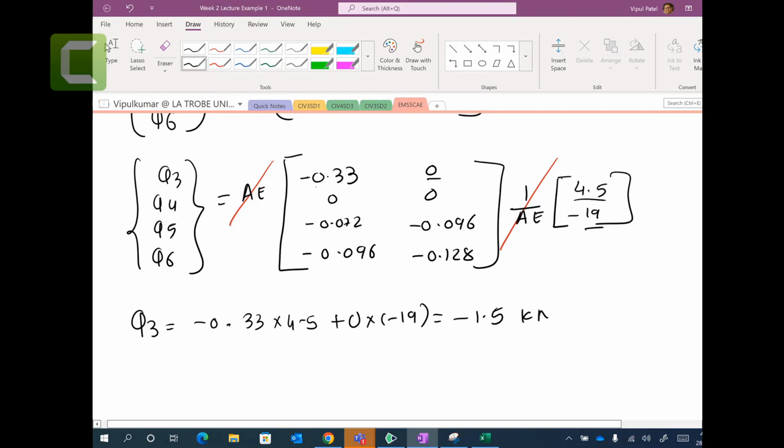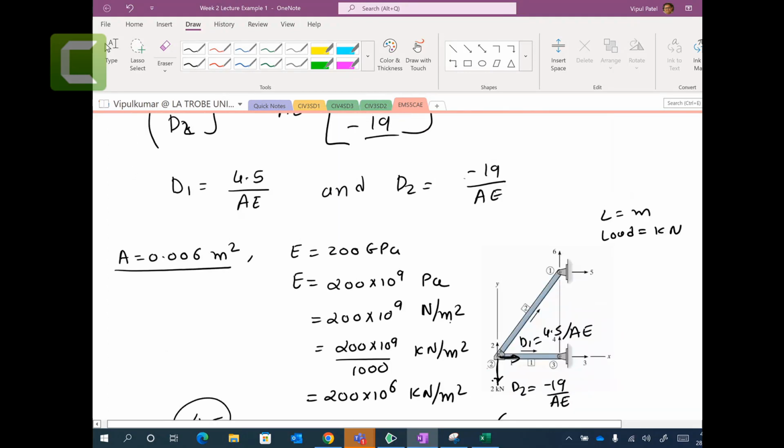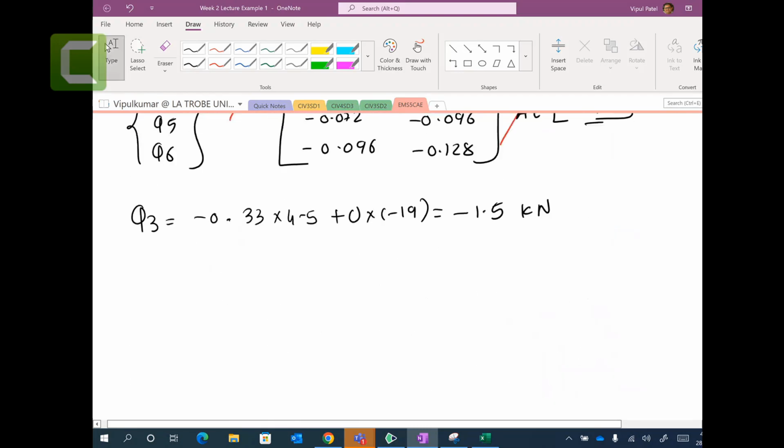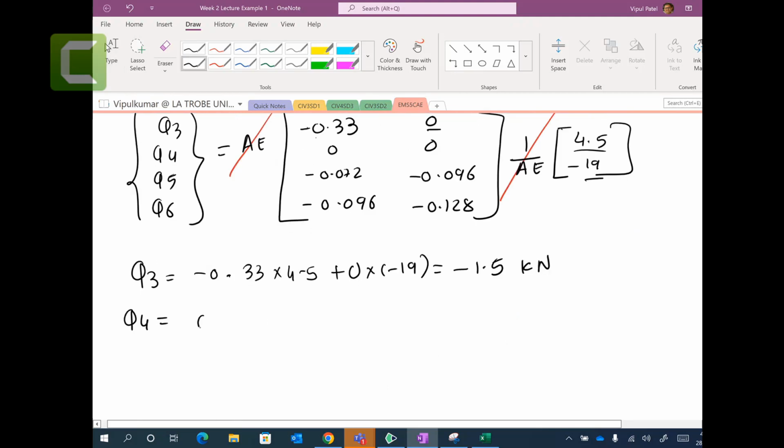Again, look at here. You are applying 2 kilonewtons of force. The reaction would be created here and here would be in this range, right? 1.5 looks reasonable. Q4: 0 times 4.5 and 0 times minus 19, so 0. So there is no reaction force in Q4.